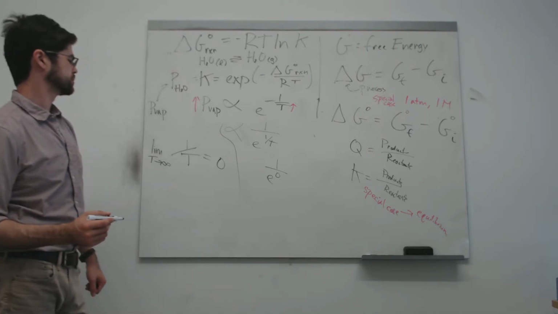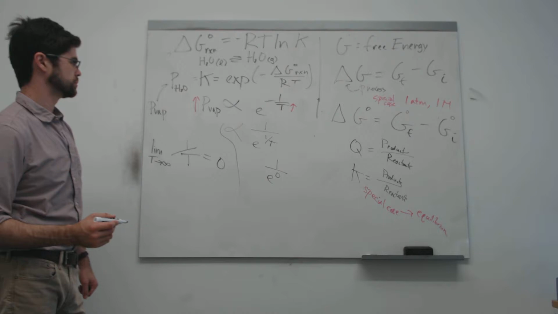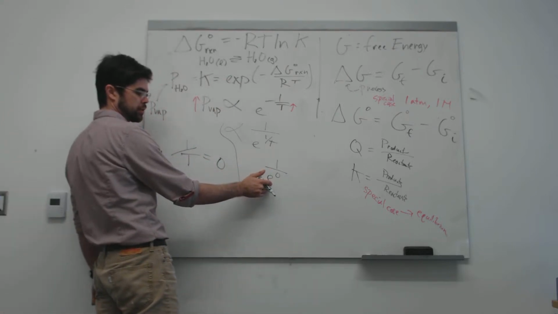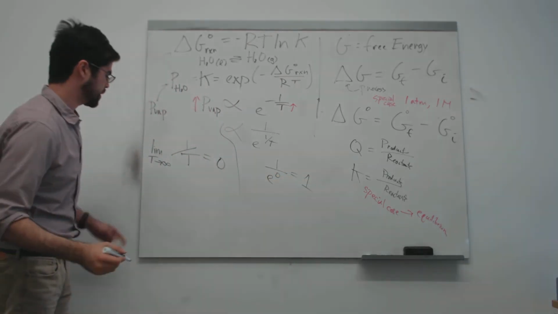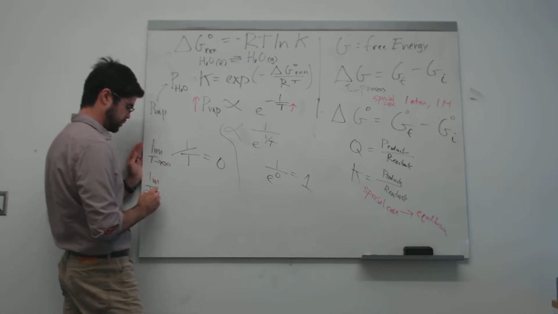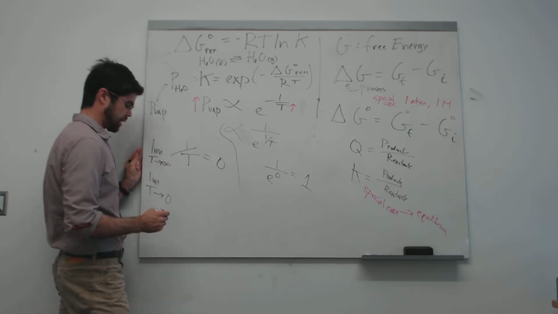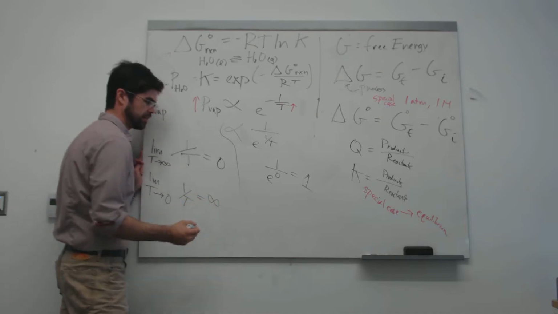Did I get that right? Let me think about that for one moment. Yeah, okay, we're good. Anyway, 1 over e to the 0 should be equal to 1 in the limit that t goes to infinity. In the opposite extreme, as t goes to 0, then 1 over t is going to infinity.